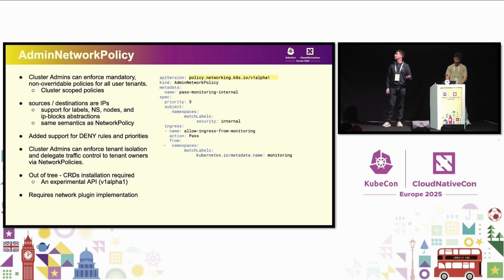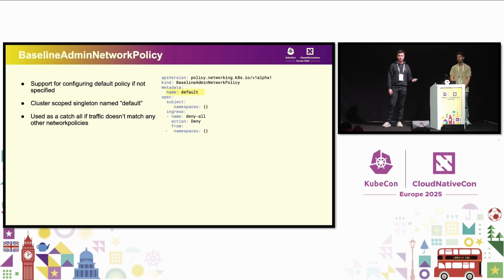This is an out-of-tree installation, so you've got to actually install a CRD, and it's a V1 alpha API. There's a lot of work going on to get it to beta. If you were just in the SIG Network talk, they were discussing what they want to do to get it to beta. And it requires a network plugin implementation.